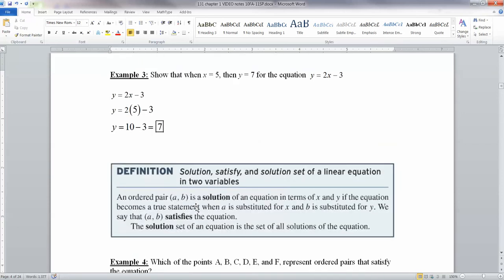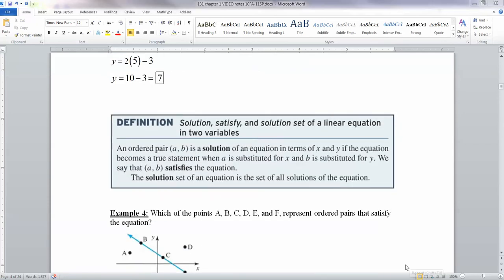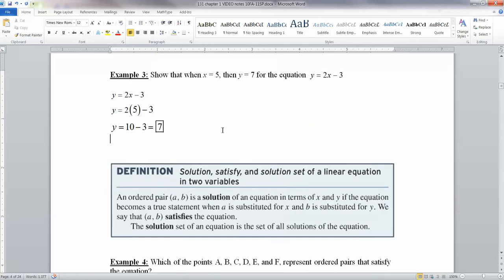Now, let's look at this definition right here. It says that an ordered pair A, B, remember that means a point, right? The coordinates for that point, A comma B, is a solution of an equation in terms of x and y if the equation becomes a true statement when A is substituted for x and B is substituted for y. We say that A, B satisfies the equation.